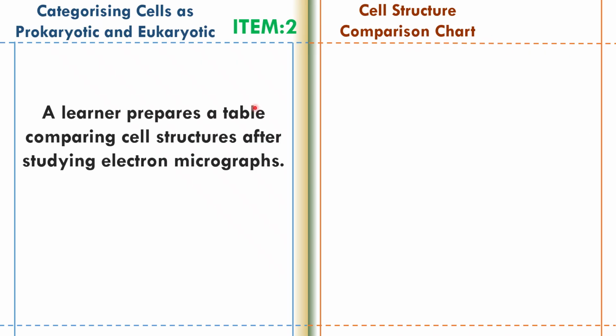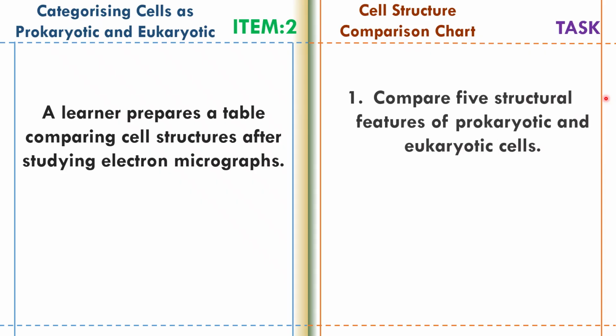Categorizing cells as prokaryotic and eukaryotic, item 2. We are looking at the cell structure comparison chart. A learner prepares a table comparing cell structures after studying electron micrographs.